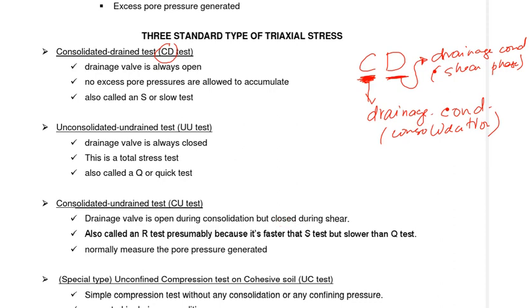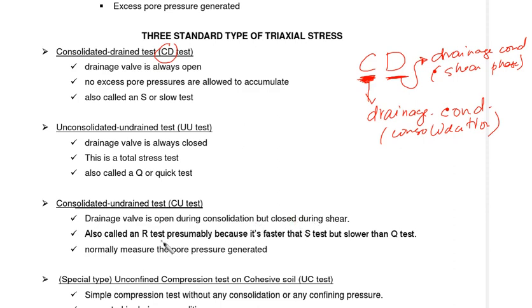So unlike these two, yung UU test na palaging close and yung CD test na palaging open yung valve natin. Dito sa consolidated undrained test naman, yung consolidation natin, yung valve natin is open and closed during shear.